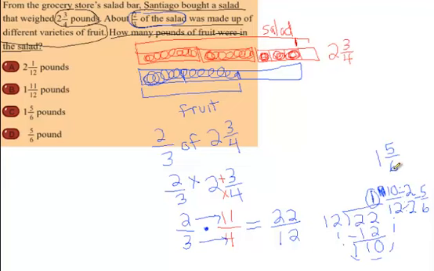I have not even looked at the answer choices, but I really hope 1 and 5/6 is there. I go back, I investigate my answer choices. Oh, yes! There it is. 1 and 5/6. So if I have a salad that's 2 3/4 pounds and 2/3 of it is fruit, that means I have 1 and 5/6 pounds that is fruit.